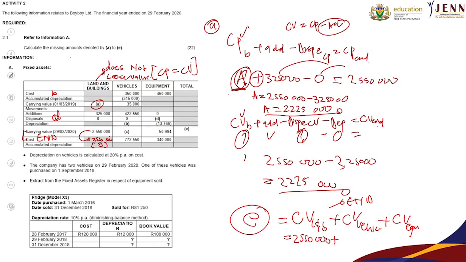Here is our E. We said you're going to add 380.96 plus carrying value of the equipment. How much is the carrying value of the equipment? 50,994.